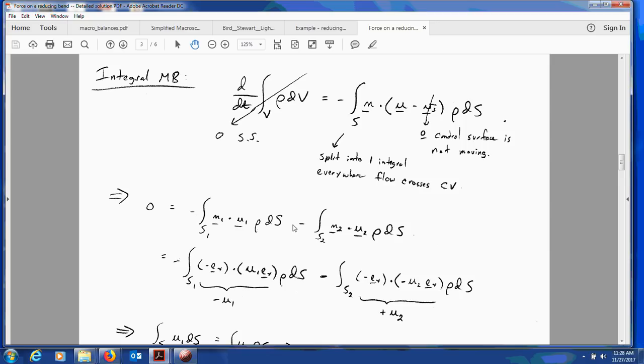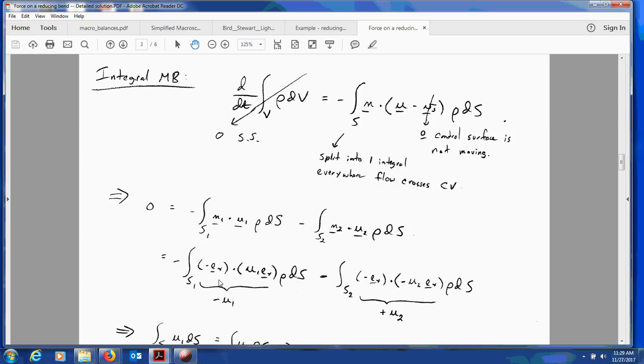And then we have minus the integral over S2, that's the surface on the bottom where we have the narrow pipe, of n2 dot u2 rho dS. So we simply substitute n1 and u1 on surface S1 and n2 and u2 on surface S2 when we're evaluating this surface integral.